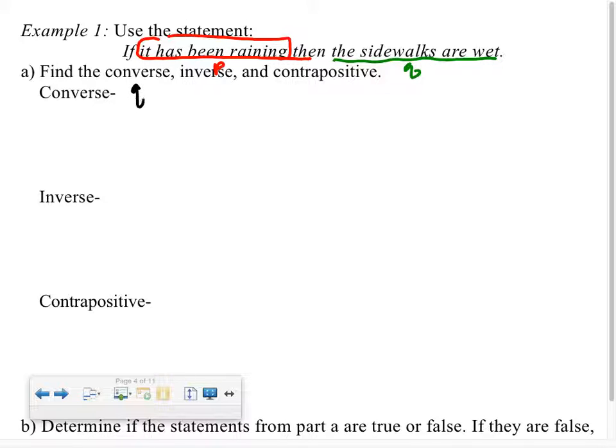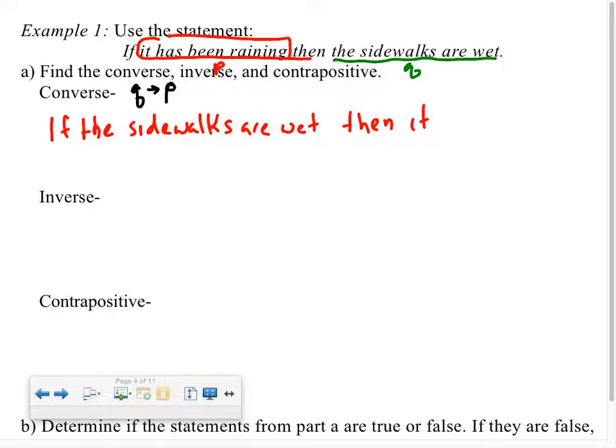So this is Q, if Q, then P. So I write out the converse here. If the sidewalks are wet, then it has been raining.